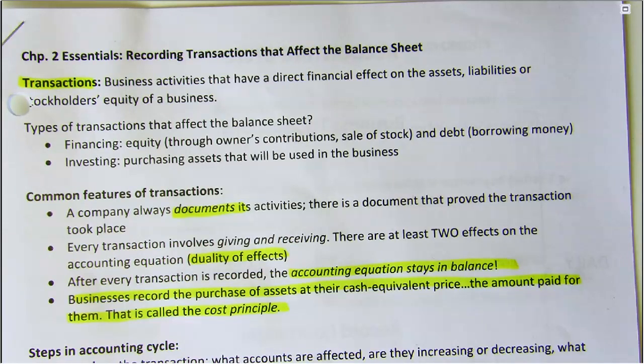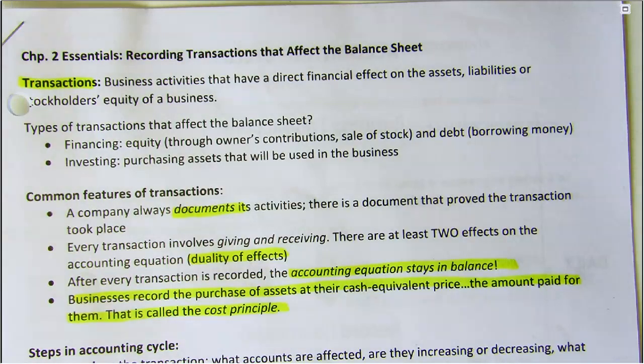So every single asset, liability, and stockholders' equity item has its own account, its own place where we record increases and decreases. And if you want, you can pull out your balance sheet accounts document from this chapter, or your list of accounts from Chapter 1, to view examples of different types of accounts.